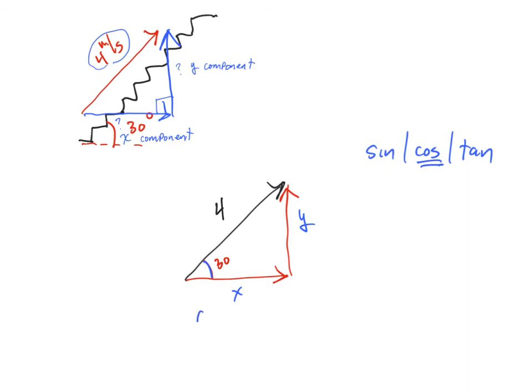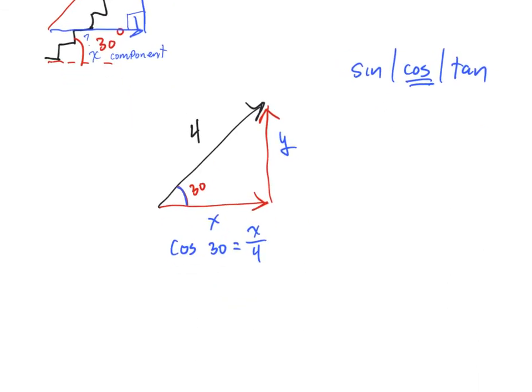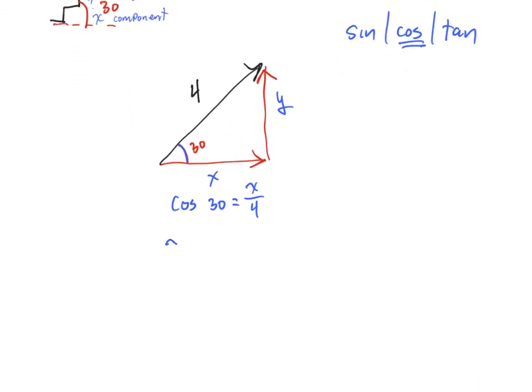So I could say cosine of 30 degrees is equal to x over 4, and that means that x equals 4 times the cosine of 30. All right, and now go ahead and use your calculator to figure out what that is. It's going to be maybe 3.6-ish meters per second.